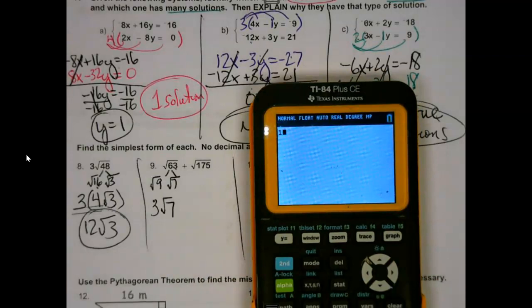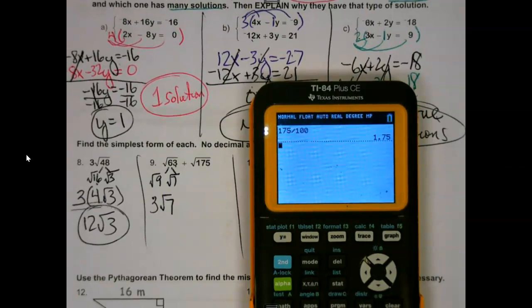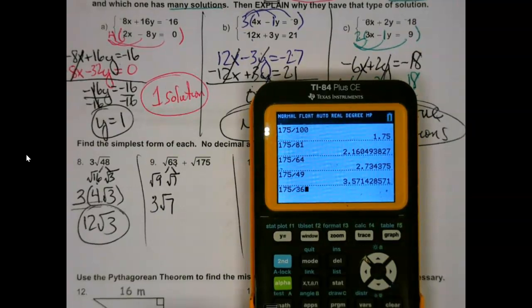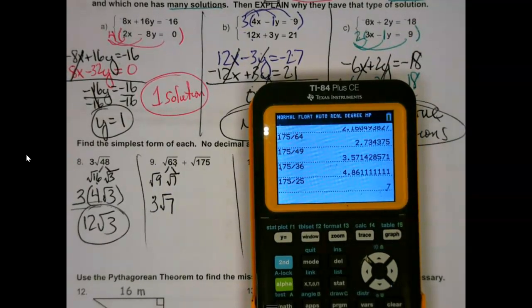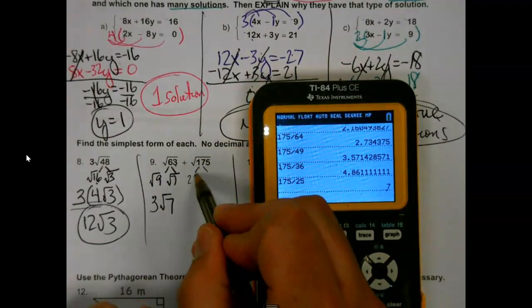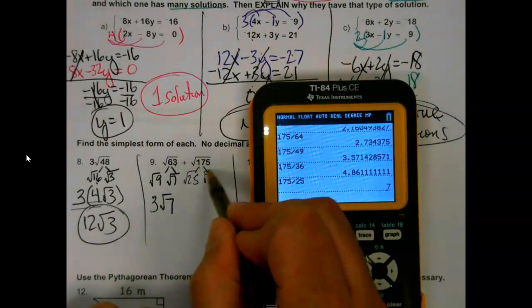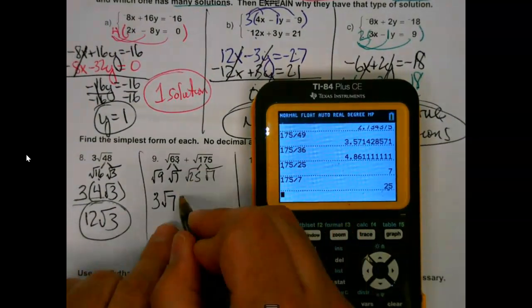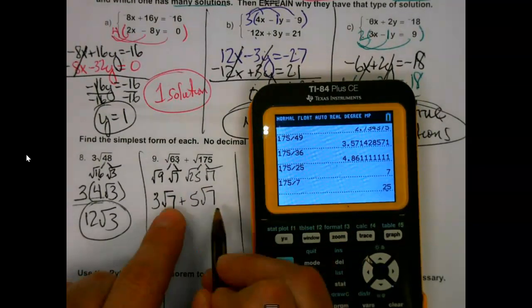If you have your perfect square list, and you should, you can start dividing your perfect squares into the 175 until we get one, and we will get one, that goes in nicely. Here's the other clue. Here's like the big brain one. You see how that's at 7? That's basically telling you what the other one's going to be. And there's the 25.